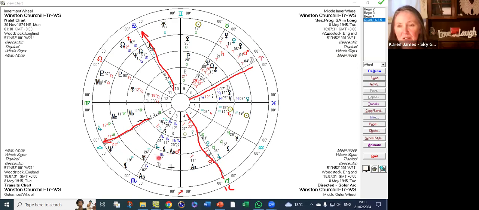Then third house she gives to expression for secondary progressed moon. Fourth and fifth, she gives to safety and creativity, security basically, and creativity. Sixth and seventh and eighth, half of eighth, she gives to responsible relationships to others.